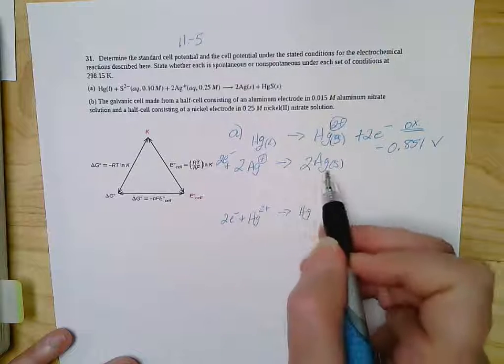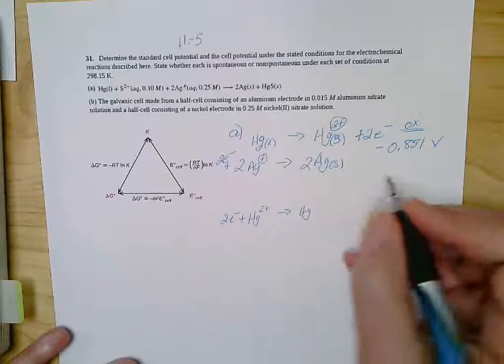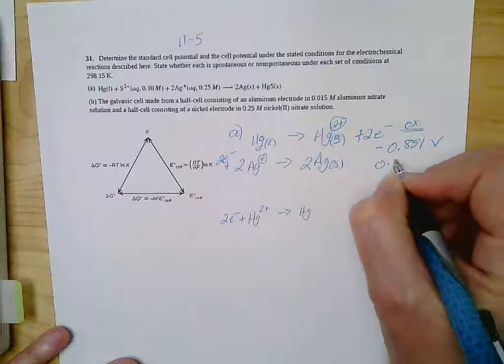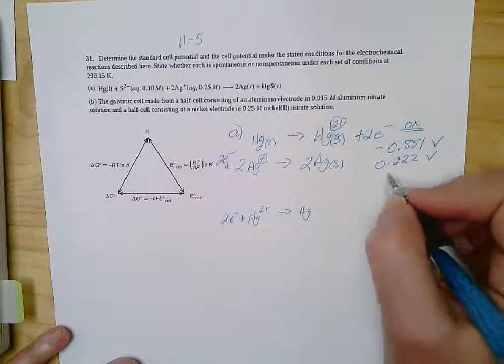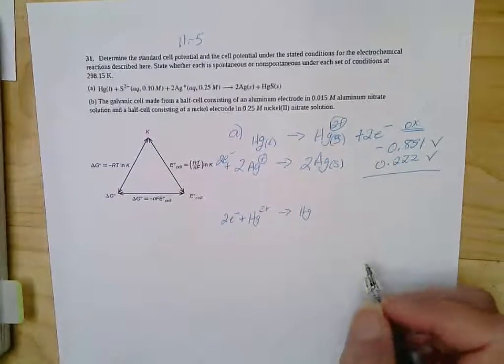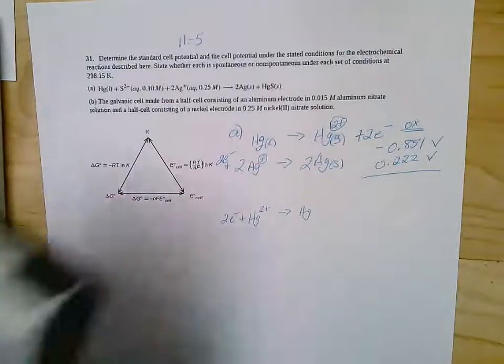So I looked up silver going to silver metal, and that value was 0.222 volts. When I add those two up, yes, I'm going to use my calculator.